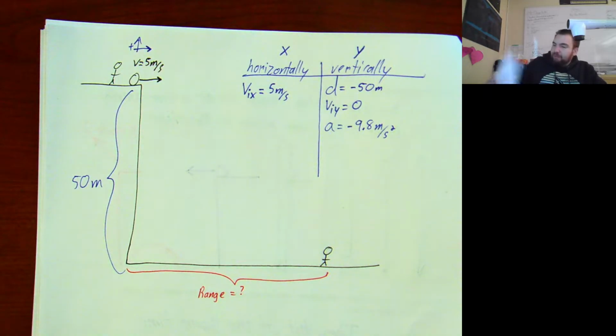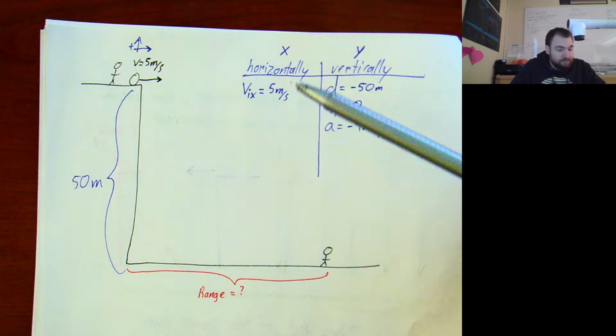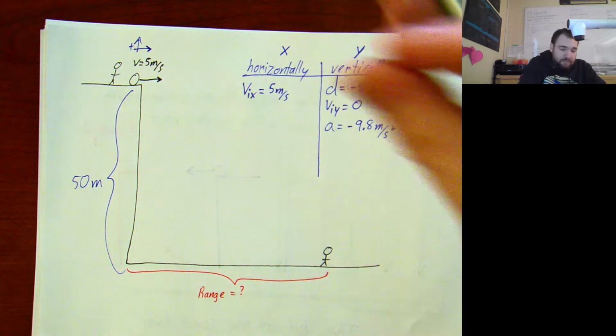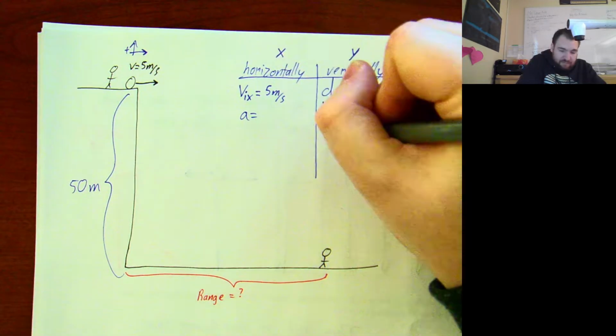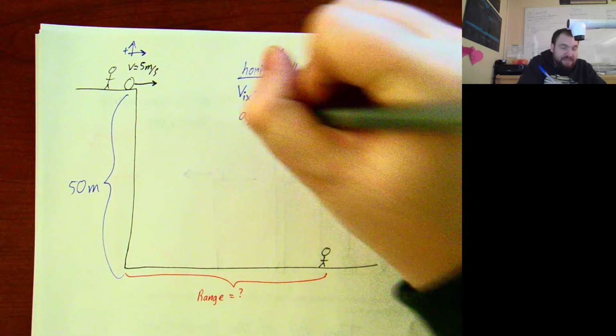There's one rather important piece of information that I want to include here. Something related to the range. That's AY, here's AX. What is AX?